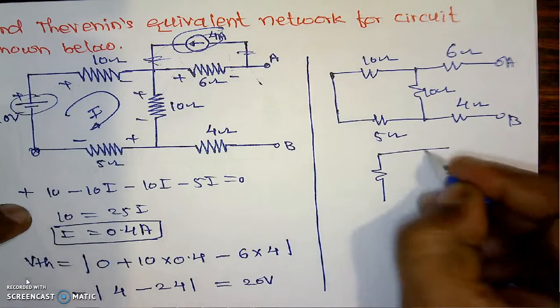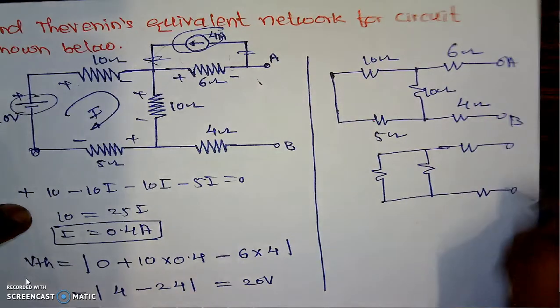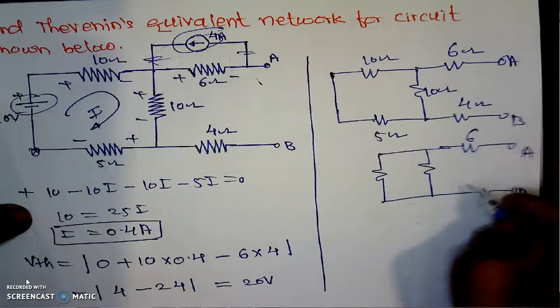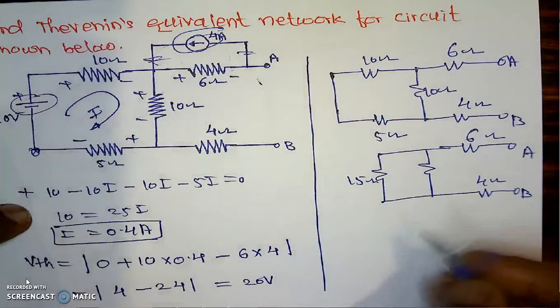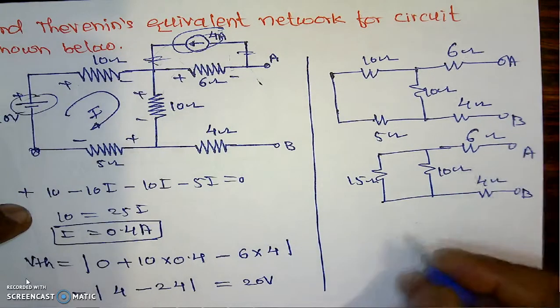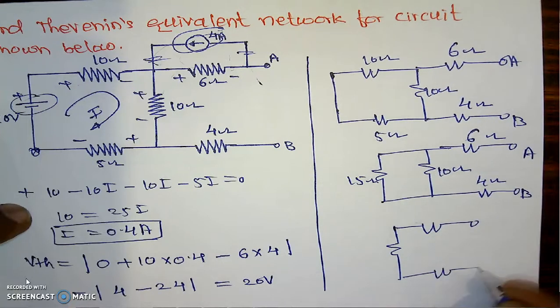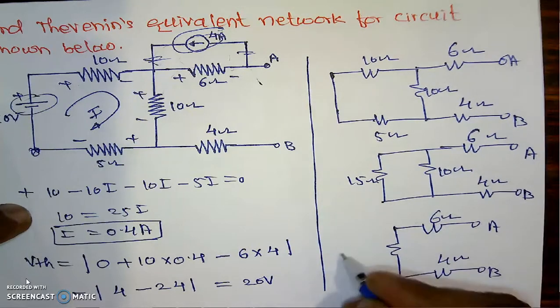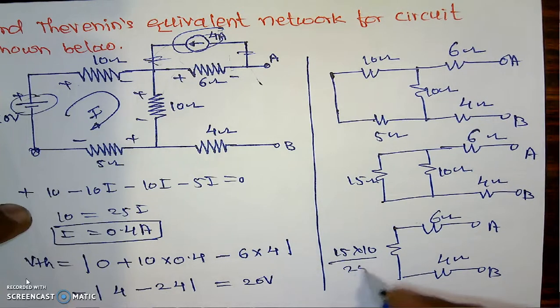The figure will be something like this. Here is the A, this is the B. 6 ohm, 4 ohm, series combination 15 ohm. This is 10 ohm. Now here, the final figure will be something like this. Here is the A terminal, this is B, 6 ohm, 4 ohm. And the parallel combination of this is 15 into 10 divided by 15 plus 10, which is 25.